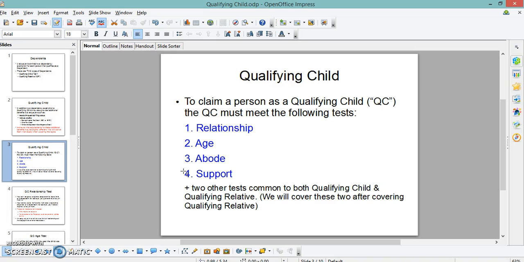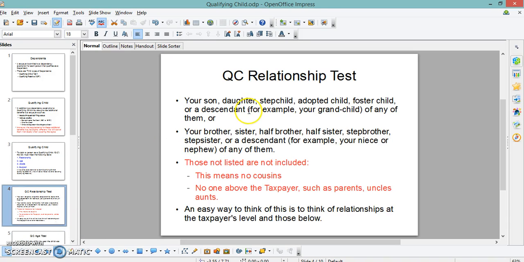When we look at qualifying relative, we're going to look at 3 requirements, and those are unique to qualifying relative. In addition to that, there are 2 other requirements that are common between qualifying child and qualifying relative. So in total, there are actually 6 requirements. These 4 and 2 additional we're going to cover later. But just know for now that while we do these 4, there are 2 additional that we're going to look at later. So let's start with the relationship test.